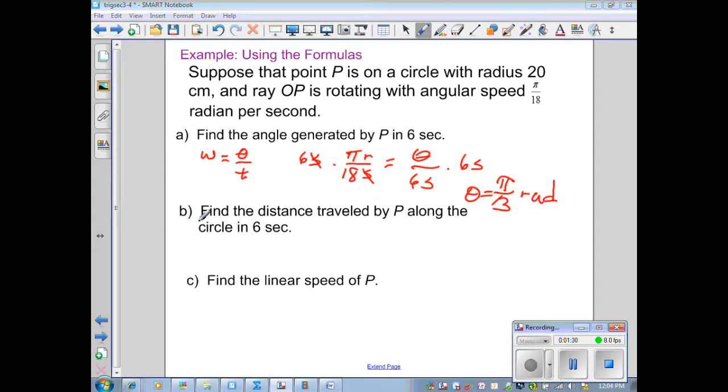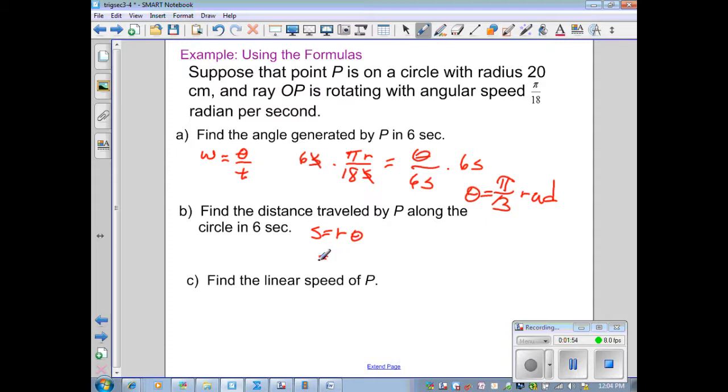Part B of the example wants us to find the distance traveled by P along the circle in 6 seconds. Distance means that I want to solve for arc length, which is S equals R theta. Here, S is the arc length, R is the radius of the circle, and theta is in terms of radians, which I found in part A. All I need to do is substitute the values in and determine the arc length.